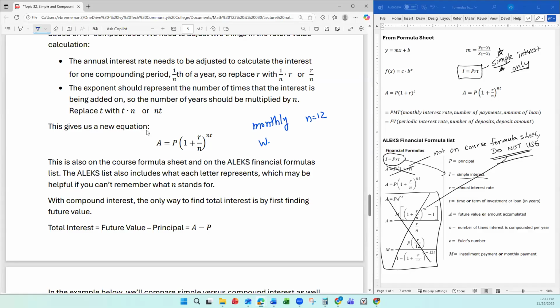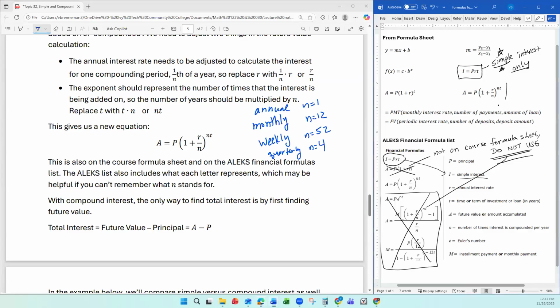For weekly, you would use 52. Quarterly would be 4. Annual would be 1, which is why the n just goes away. So you have both of these equations here. This is annual.